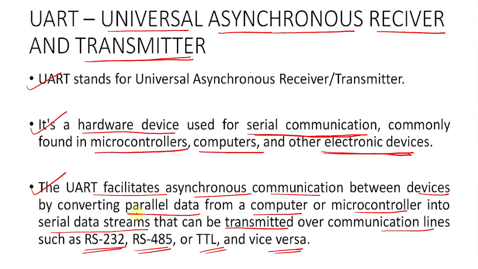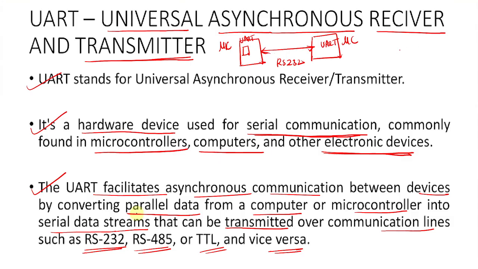RS-232 means, suppose here you have one microcontroller and here one more microcontroller. If you want to communicate between these two microcontrollers, inbuilt there will be one UART here and one more UART here. These two communicate through the RS-232 line, the RS-232 signal.